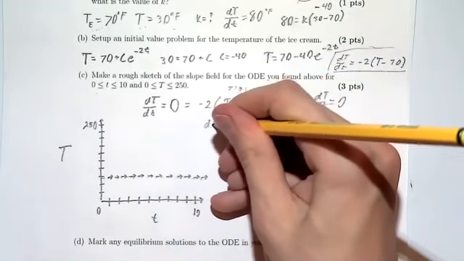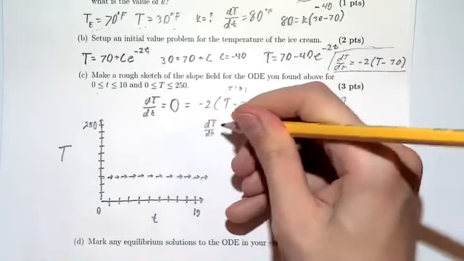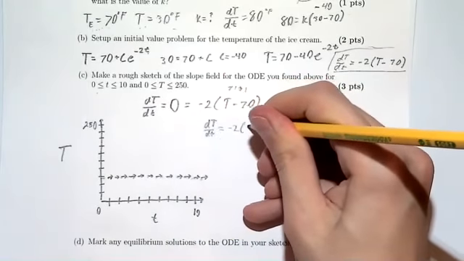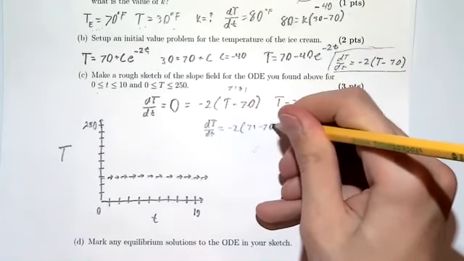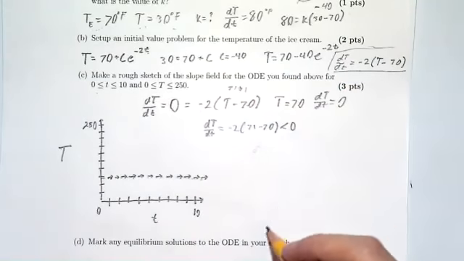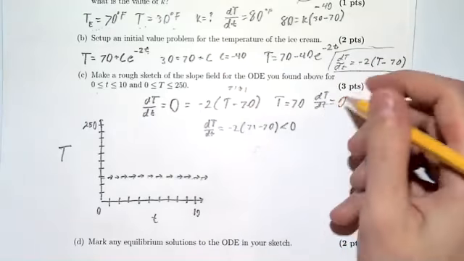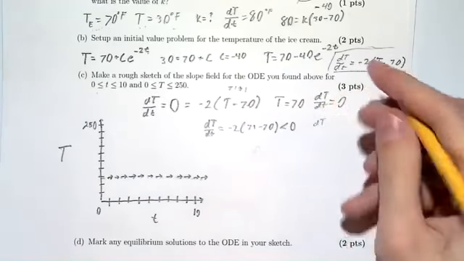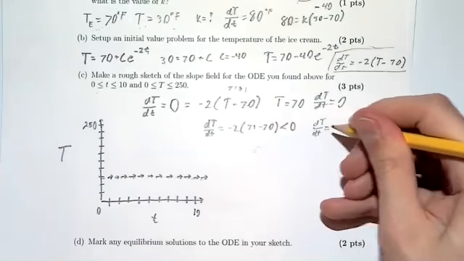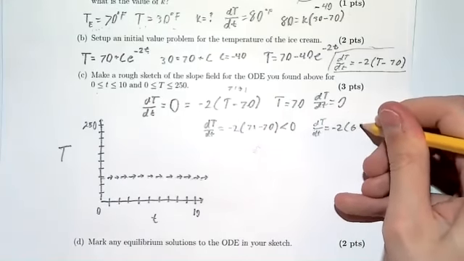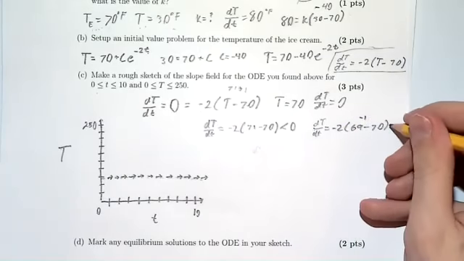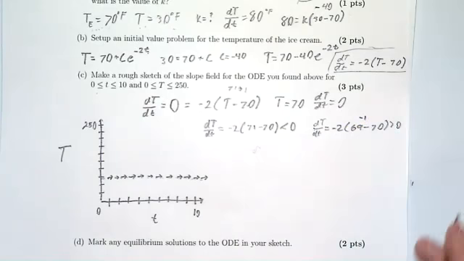So if 71, dT is equal to negative 2 times (71 minus 70), it's going to be less than 0. If we use instead 69, because that's 1 less than 70, we get negative 2 times (69 minus 70), which is negative 1, times negative 2, which is greater than 0.